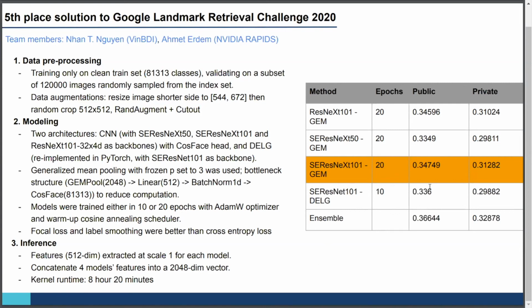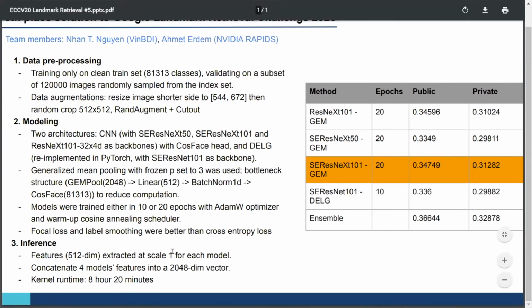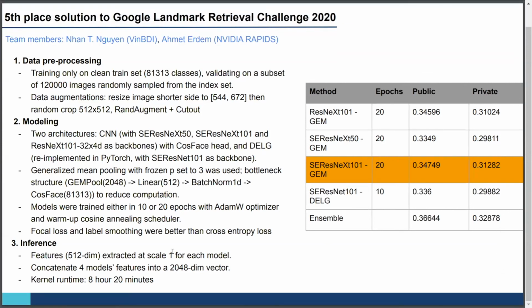And also it took a lot of time to run inference at 3 different scales. So in the end, I just decided to do it at scale 1 only and ensemble multiple backbones. Got it. Thanks. It sounds like it's more advantageous to ensemble different models instead of computing different scales. Yes, correct.